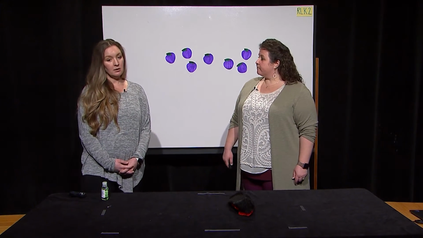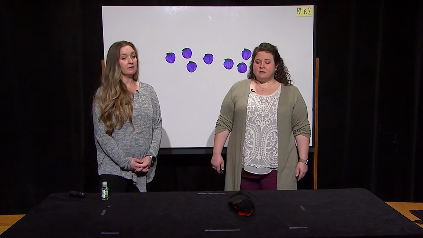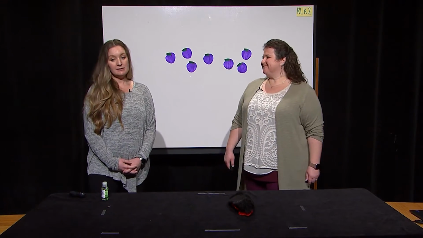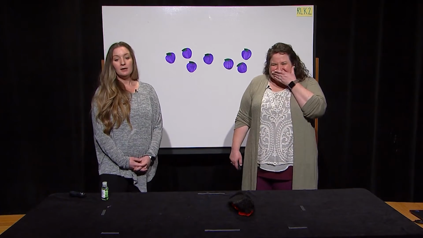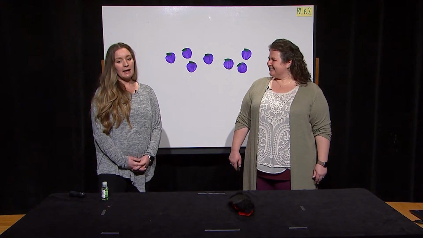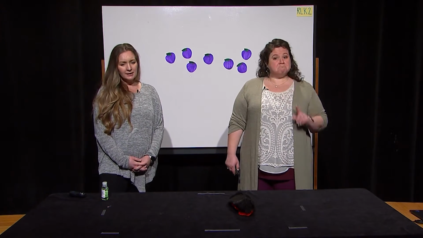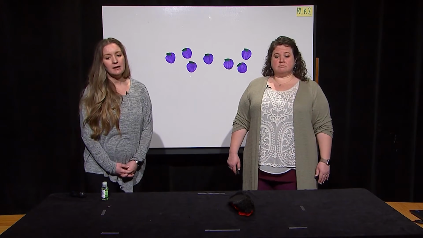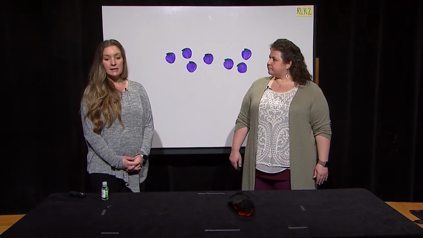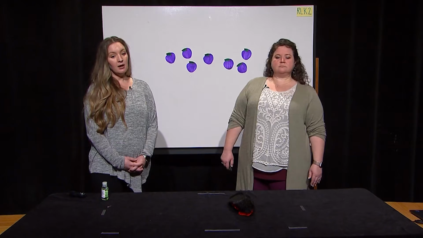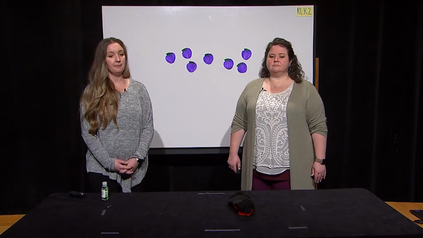The next part talks about sticking his thumb in the pie. That is still so funny to me. So friends, what could we do to act that out? Great ideas. Let's do what some of you said. Of course, we can pretend we are sticking our thumb in a pie.